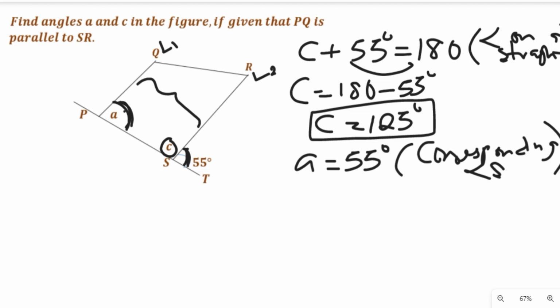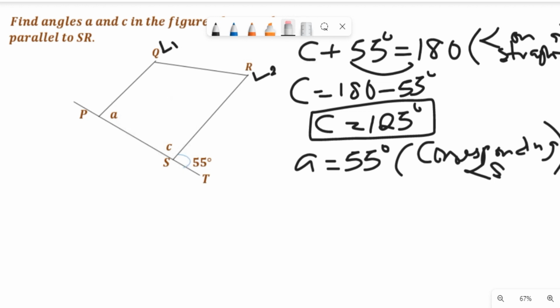Now if you don't want to go about it this way, we can equally apply another simple law. Remember that these two angles are also in the same space. And since they are in the same space and they are opposite to one another, that is where interior opposite angles come in.